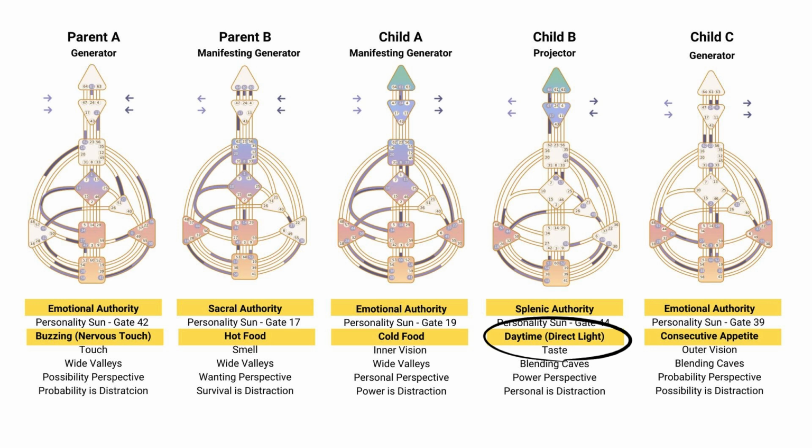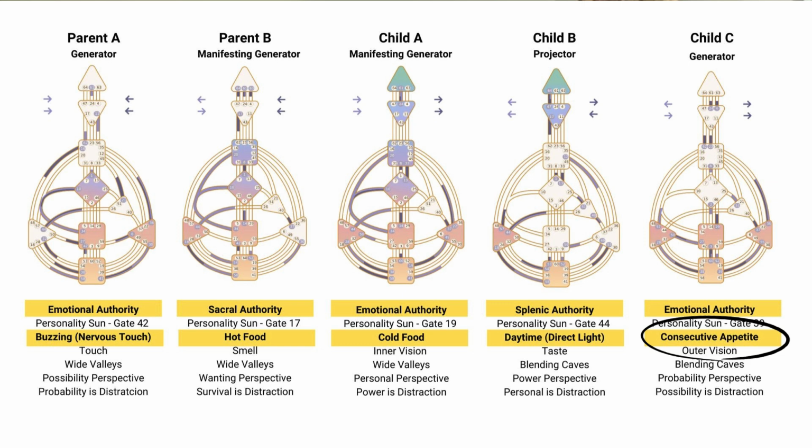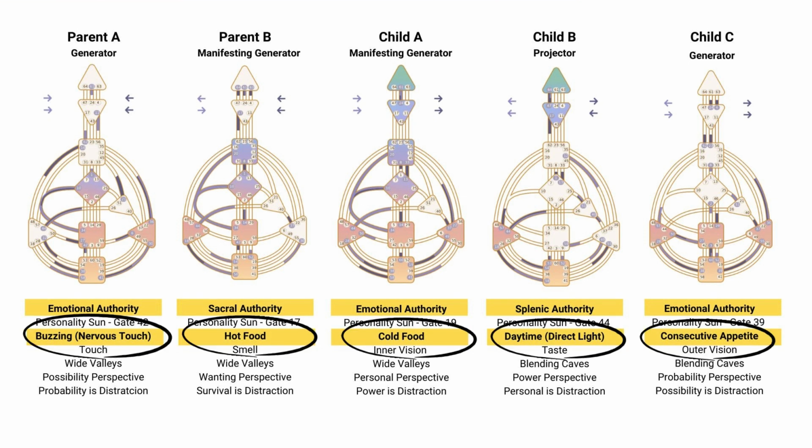So they may be a breakfast or lunch eater and then not want to eat so much in the evening, or maybe it's not energetically correct for them to eat a lot in the evening. And then child C has consecutive appetite, which I won't get into the details of, but you can see how this creates these different dynamics that are going on.